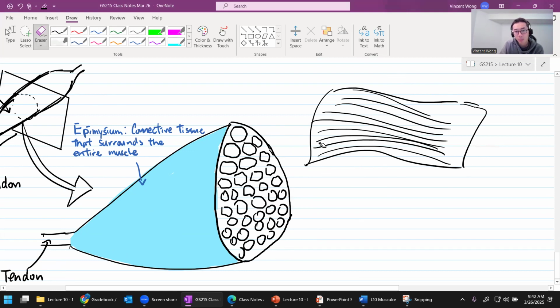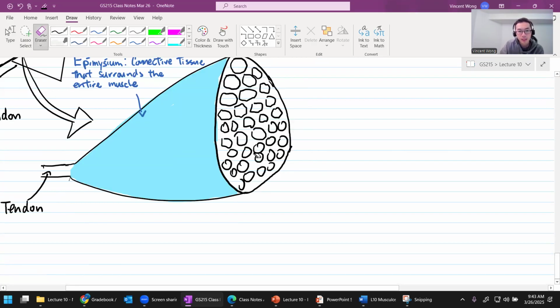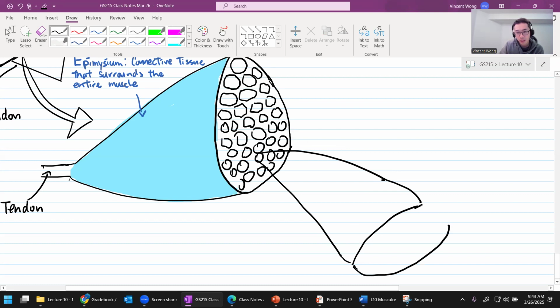So once you cut it open and you look at the cross section, you will notice these individual bundles, if you would. Okay, so we're gonna take out one of these bundles. We just take this guy and take it out like this. And we're gonna look at the cross section one more time.